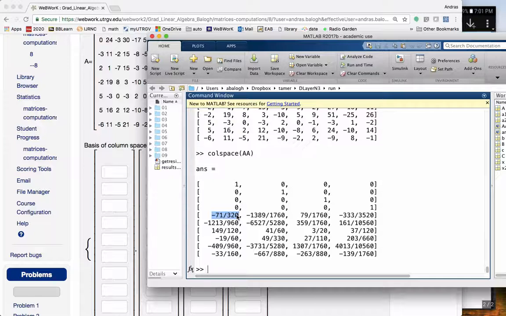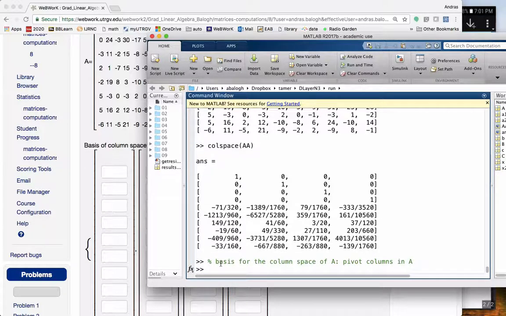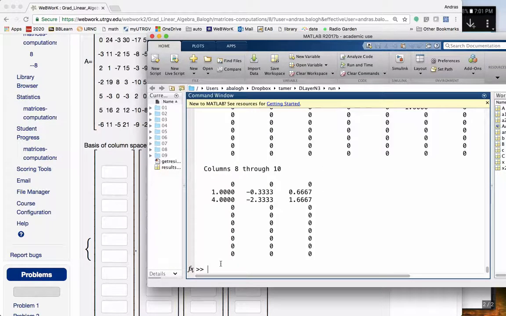The other basis that we use is a column space basis for the column space of A. The way I explained it, it can be the pivot columns in A. So to get the pivot columns in A, we have to do a reduced row echelon form of A. Not the symbolic representation AA, but the original A matrix.